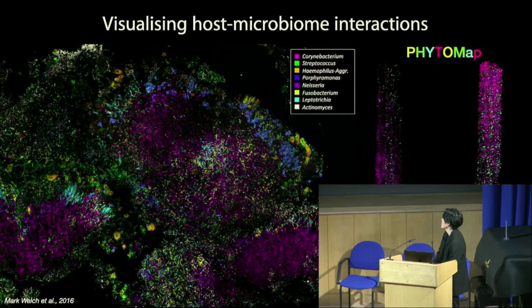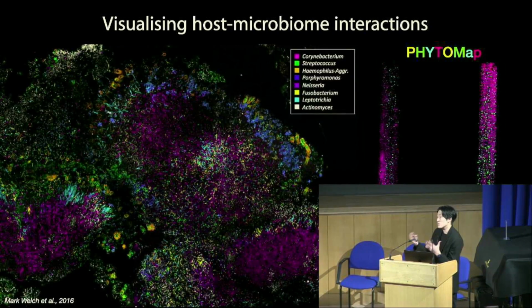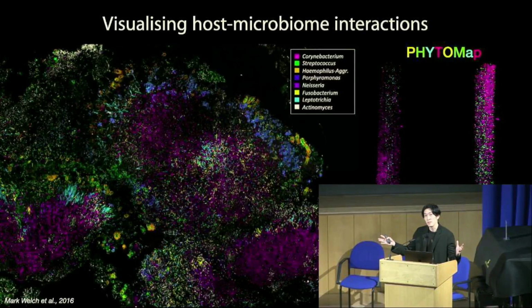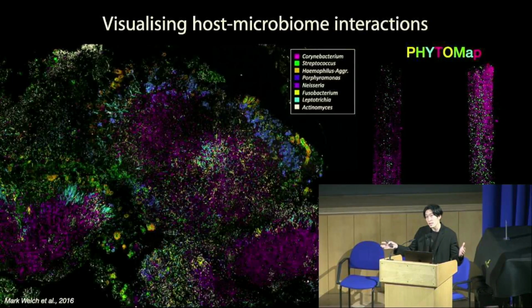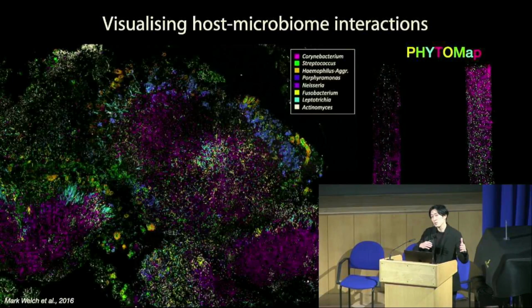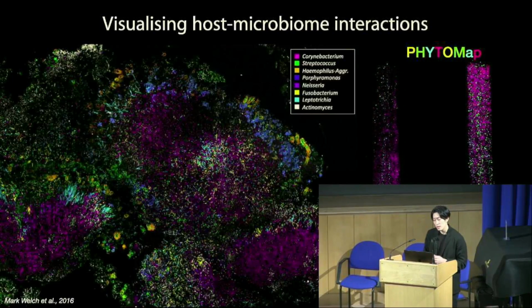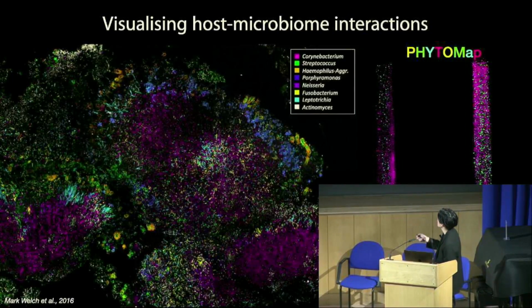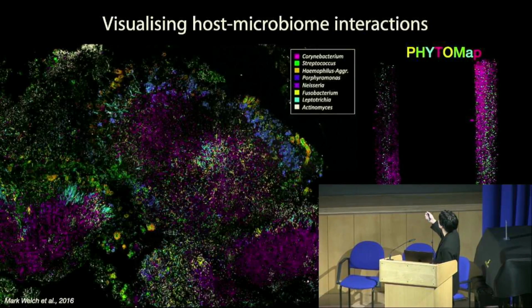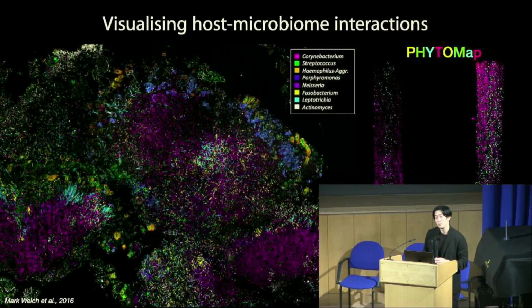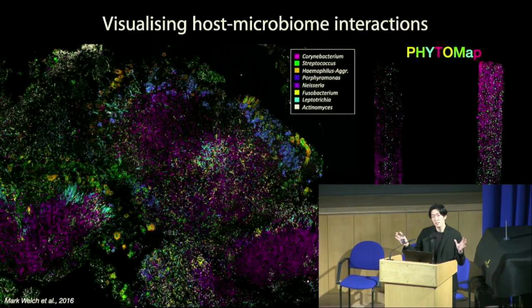One of the things we're trying to do is to visualize the entire microbiome at the single-cell and single-strain resolution, together with visualizing host plant responses. For this, we've recently developed a method called PhytoMap, which allows highly multiplex in situ visualization of gene expression of dozens of genes. And we are trying to extend this method to the microbiome members.